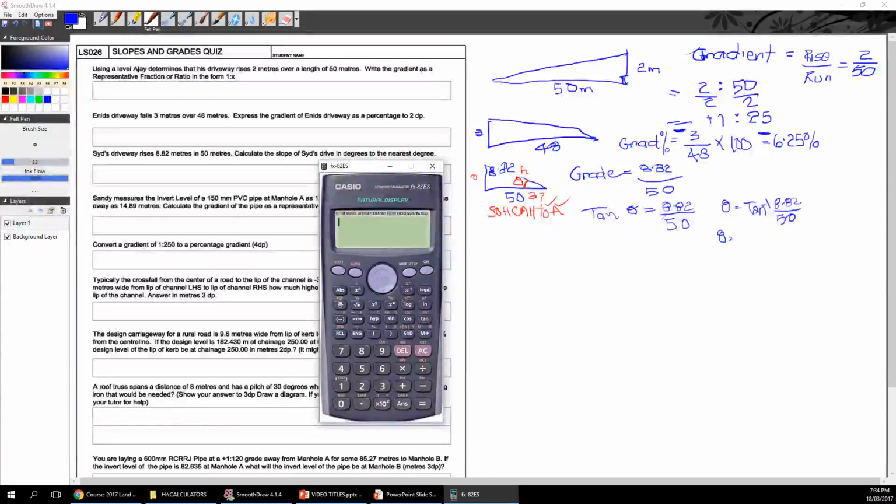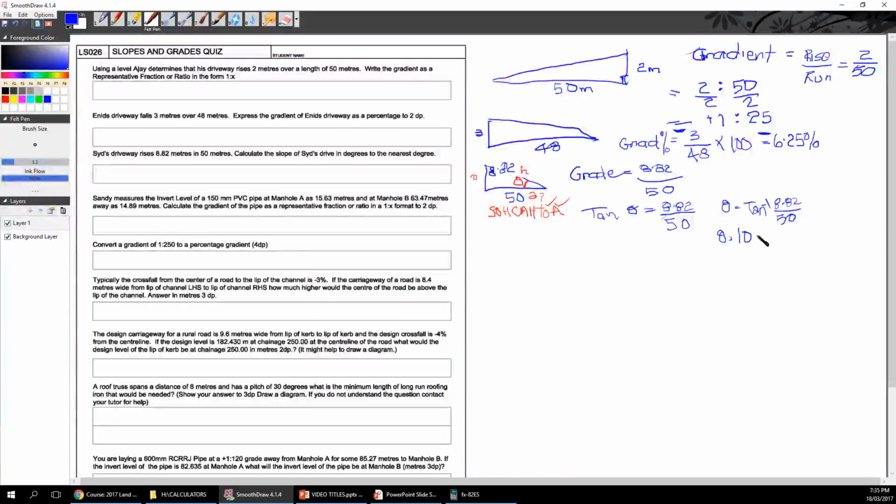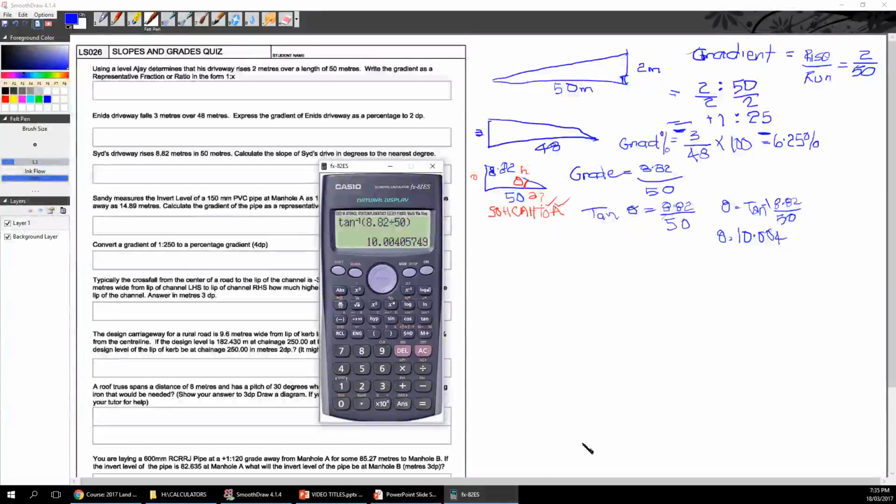I might go with the mouse rather than the pen, so let's go shift tan to the -1, that's better, 8.82 divided by 50, close the brackets, equals, and that gives us 10.00405749. That's degrees and decimals.